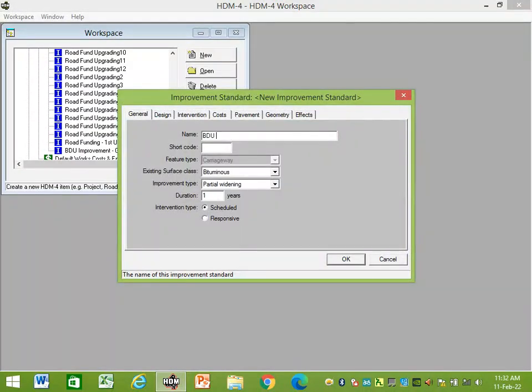Now BDU improvement asphalt. BDU improvement asphalt.